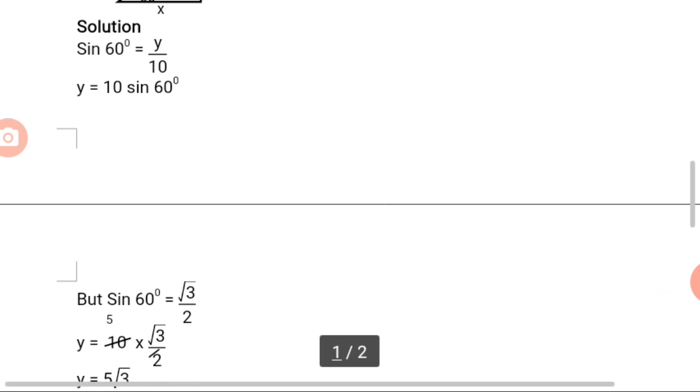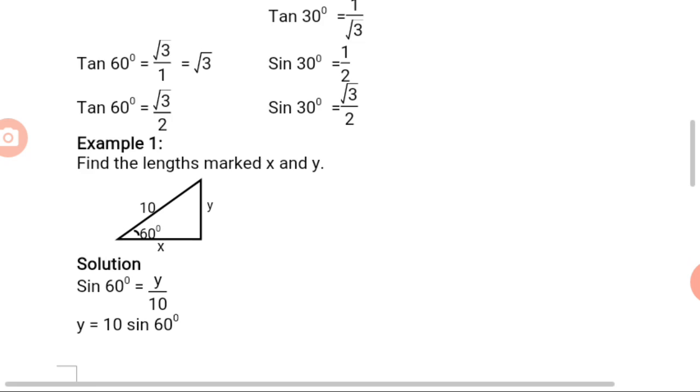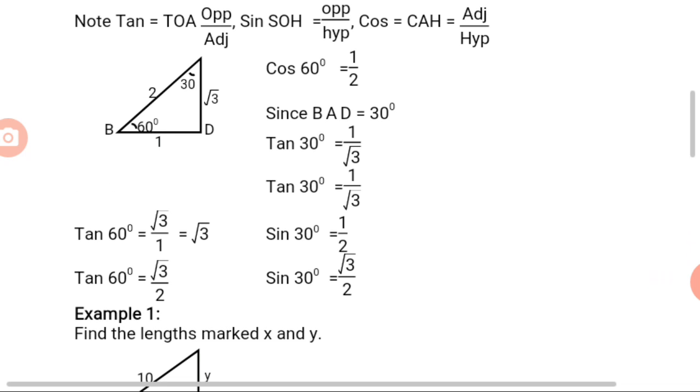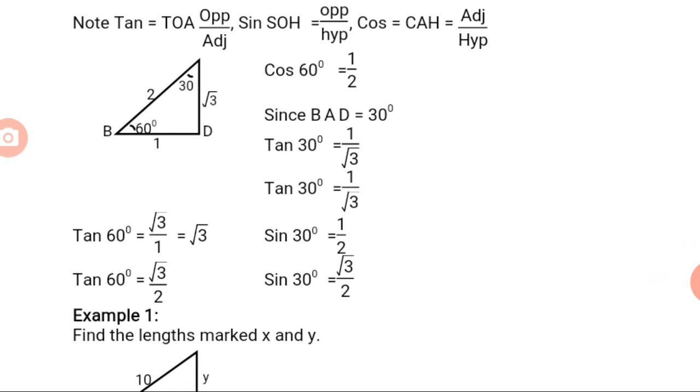Just know that tan 60 degrees is root 3. Then sine 60 degrees is root 3 all over 2, while cos 60 degrees is 1 all over 2.